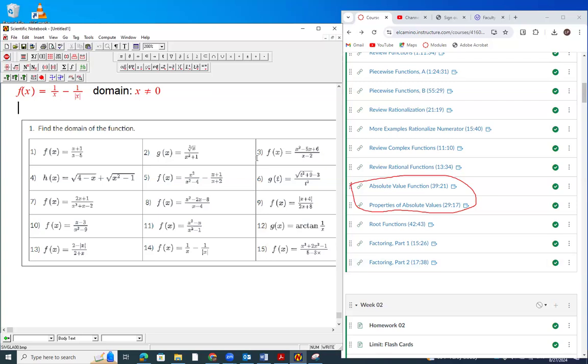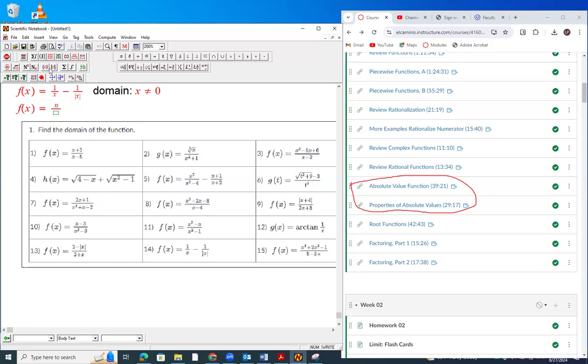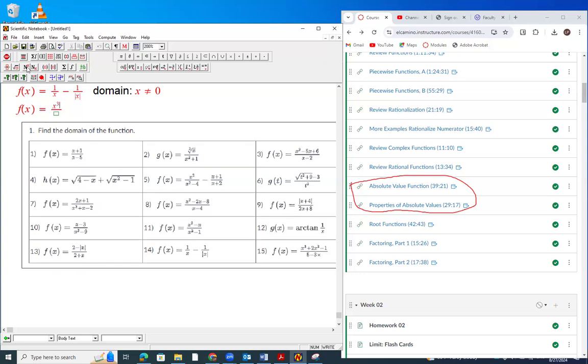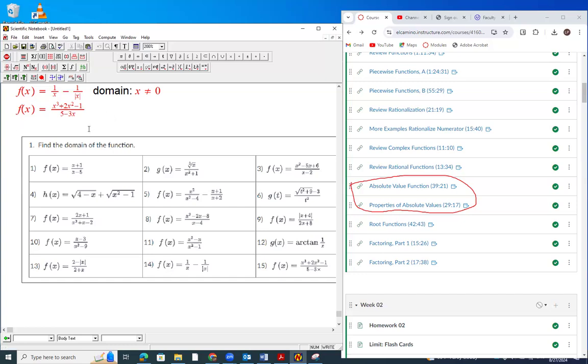Number 15. Number 15 looks a little bit more complicated, but it is still similar. Okay, so x raised to the power 3 plus 2x squared minus 1 over 5 minus 3x. The numerator is a polynomial. The denominator cannot be 0.